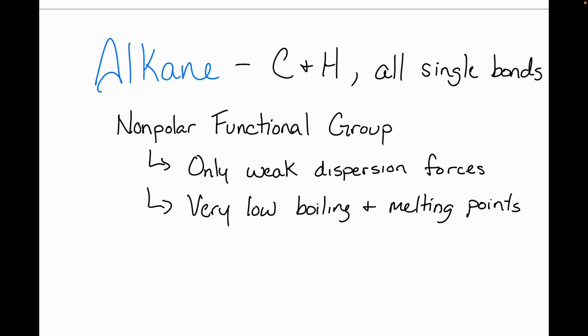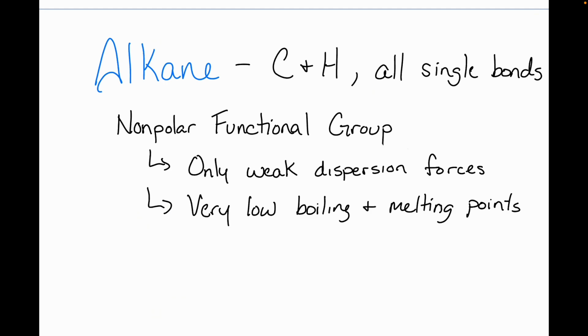And let's remember that those dispersion forces arise from interactions between the surfaces of two neighboring molecules. They're very, very weak, but they're the surfaces of two molecules interacting with one another. So the more surface area, the stronger those dispersion forces.